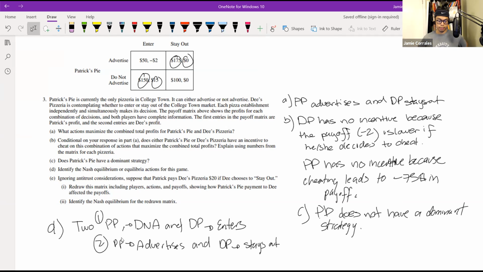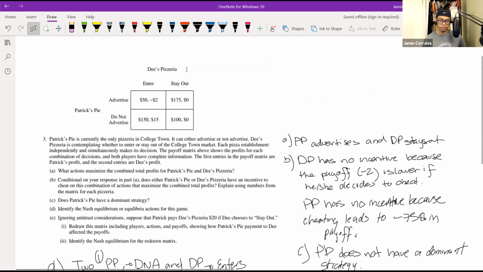So part E, ignoring antitrust considerations, suppose that Patrick pays D's Pizzeria $20 if D chooses to stay out. We want to redraw the matrix and identify the Nash equilibrium. So what I'm going to do here is redraw that matrix, okay?